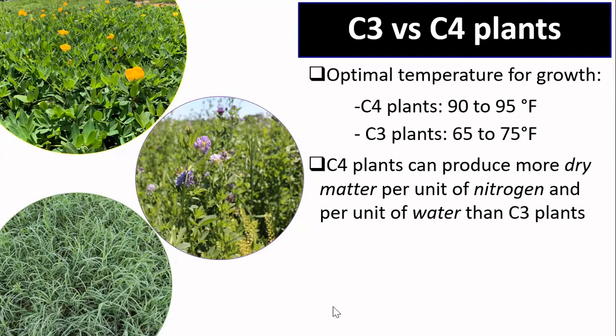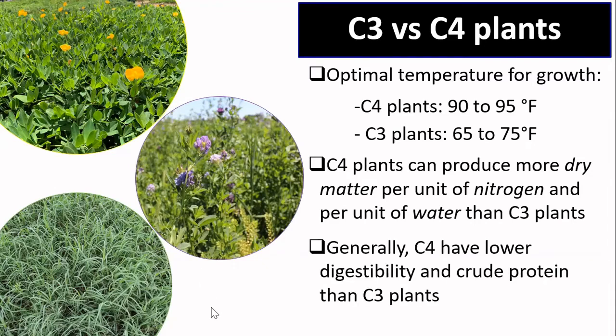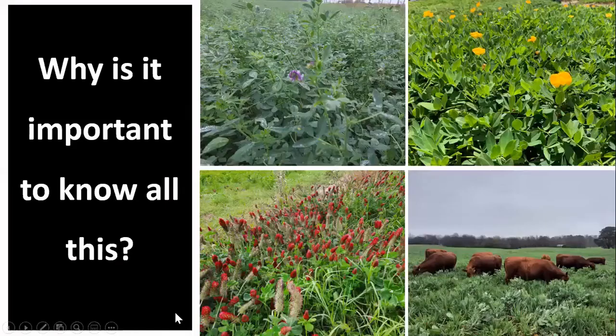Also, C4 plants are more photosynthetically efficient, and they can produce more dry matter per unit of nitrogen and per unit of water than C3 plants. However, C4 plants have lower digestibility and crude protein than C3 plants.